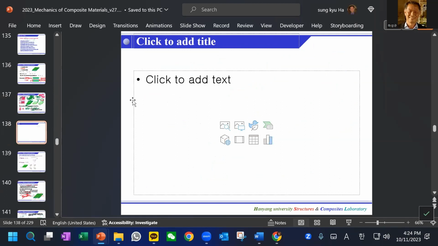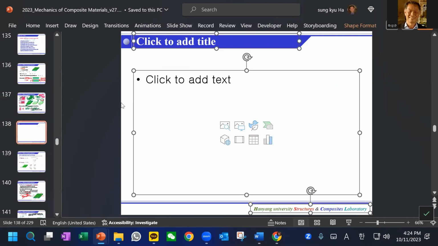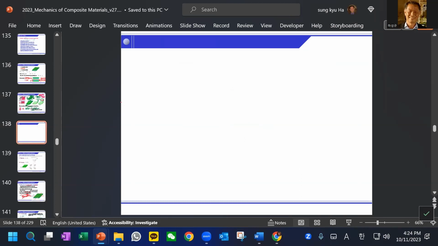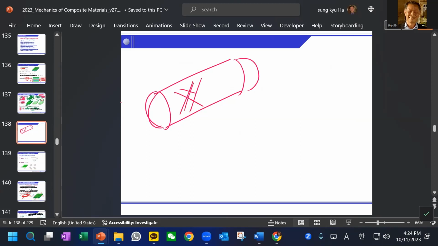Now, as an example, let's say we have a pipe or a composite vessel, tank, and now we have a layer and layer and layer, so many layers, no matter how many layers.